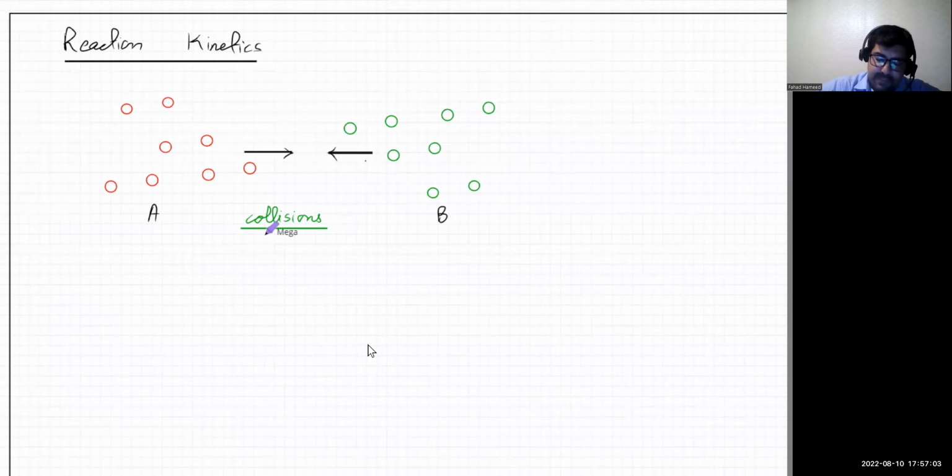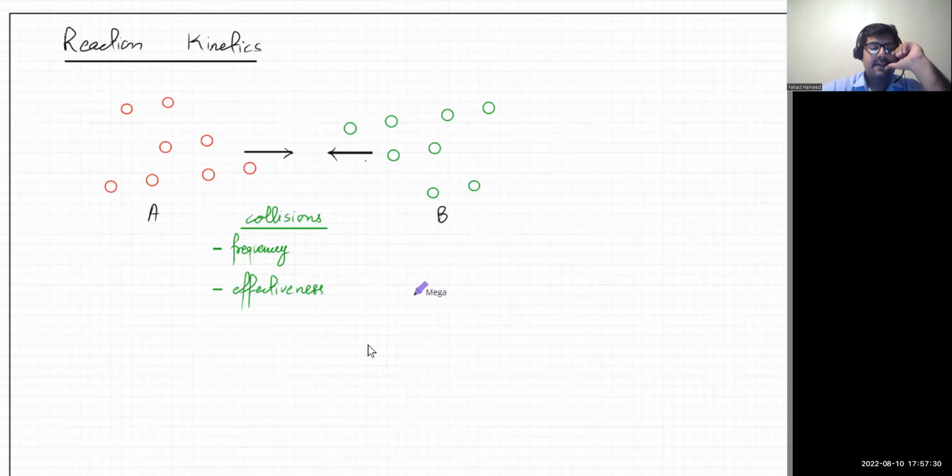Collisions are of two types. One is how frequently they happen, and the other one is how successful they are, that is, the effectiveness of the collisions. So it depends on two factors, frequency and effectiveness. Hopefully you know that.